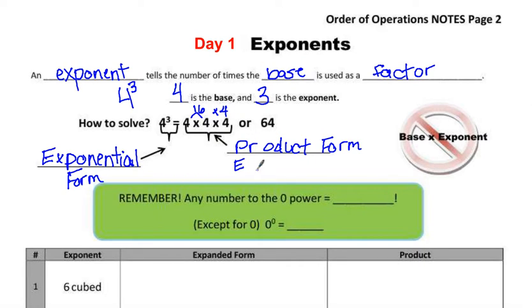You might see it either way. So we have exponential form is when the base is written with the exponent. We have the product form when it's expanded out, or it's also called expanded form.